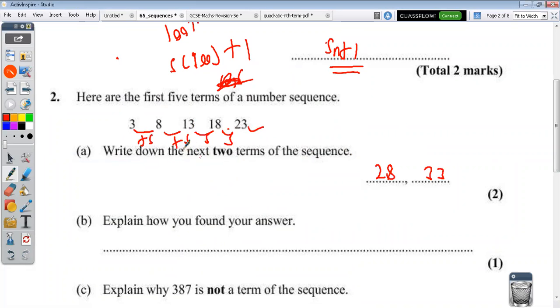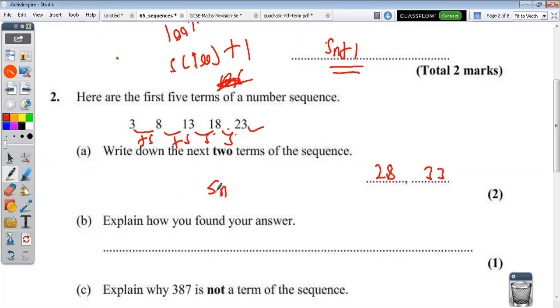Now, let's think of the formula for the nth term. We said it's arithmetic because we are adding a constant. So because we are adding a constant term, it's a 5n multiplication table. Is that clear?